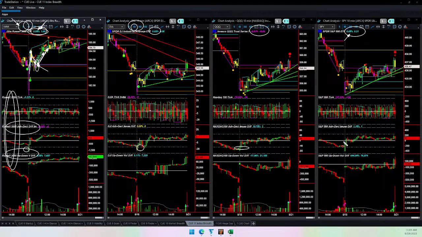advanced decline started negative, and for Russell 2000 it turned positive very fast and continued to remain positive. Same for up down volume, it started negative for all of them, but Russell 2000 was one of the first, probably the first, to turn positive and remained positive throughout the day.